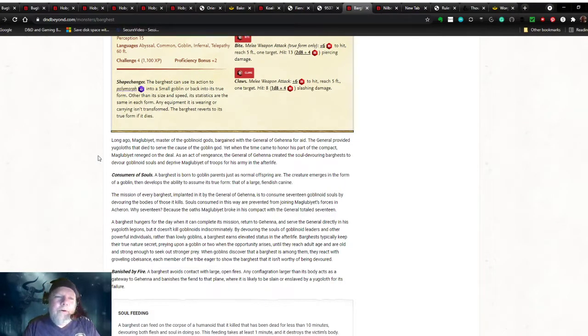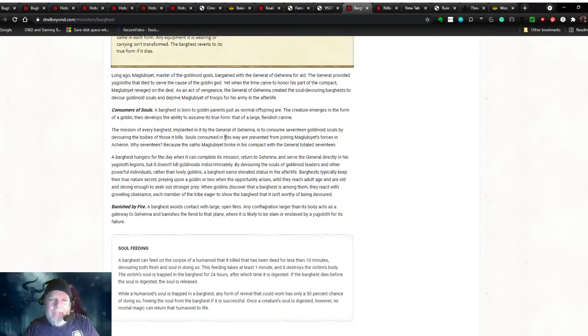And the general provided Yugalos that died to serve the cause of the goblin god. But when the time came to honor his part of the compact, Maglubiet reneged on the deal. As an act of vengeance, the general of Gehenna created the soul-devouring Barghest to devour goblinoid souls and deprive Maglubiet of troops for his army in the afterlife.